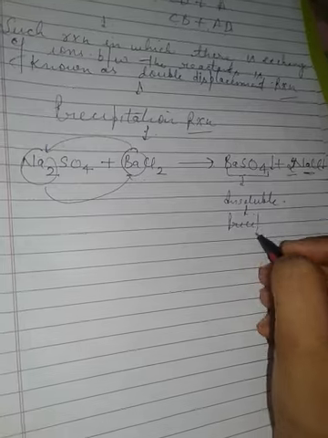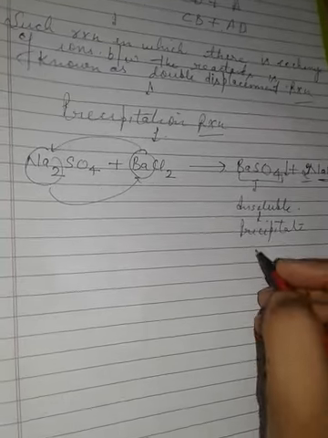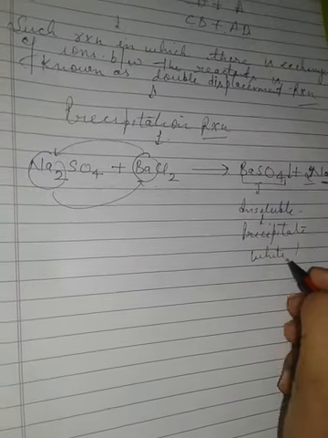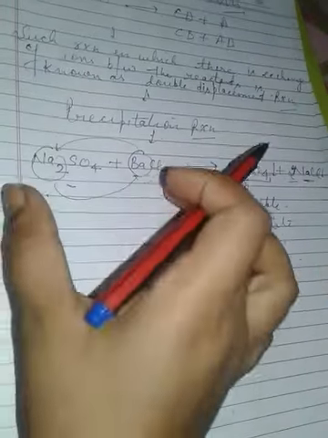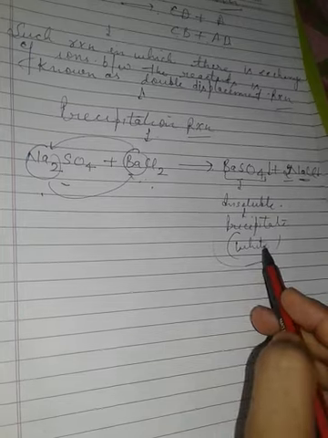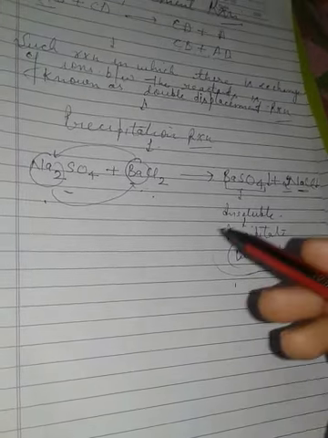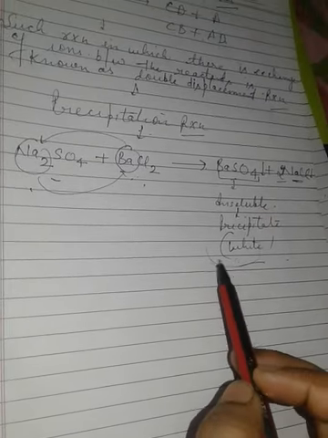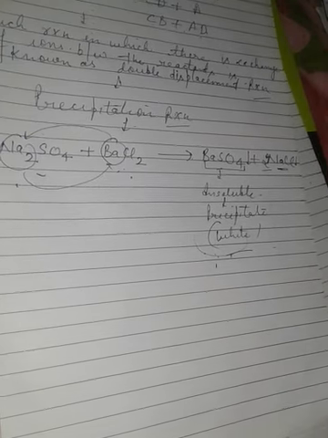Since this reaction leads to the formation of a precipitate, it is known as a precipitation reaction. This precipitate is white in color. You have to remember this. These two solutions are transparent, and when mixed together in equal volume, the barium sulphate formed is white. It does not dissolve in the solution and settles down at the bottom. That's why this is known as a precipitation reaction.